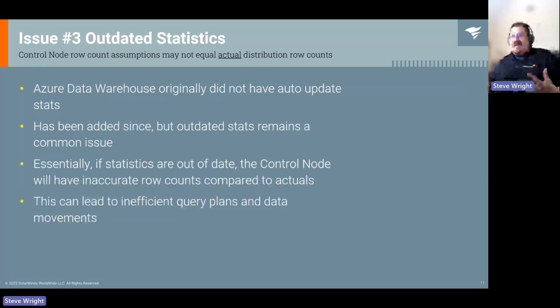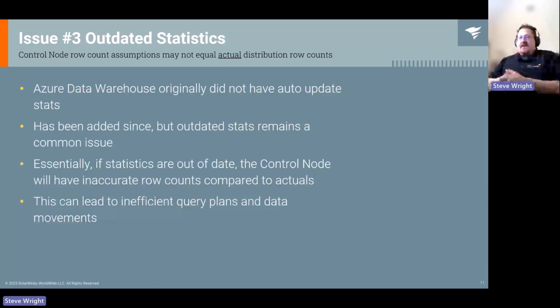What that basically means is that when your statistics get out of date, there's an extra layer as opposed to what you get through standard SQL Server. Remember, the request comes into the control node, and then it knows, or should know, how that data is distributed and which compute nodes have access to what data.